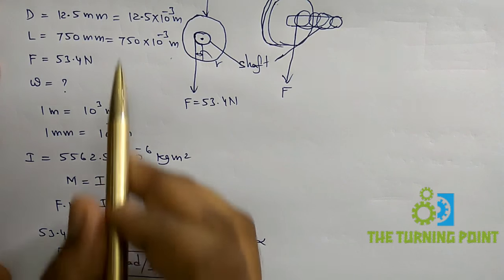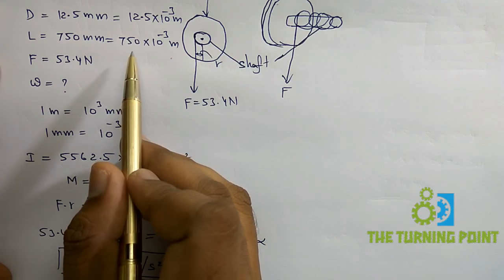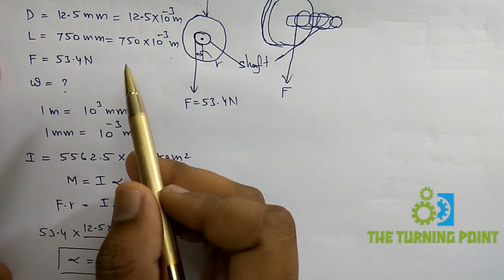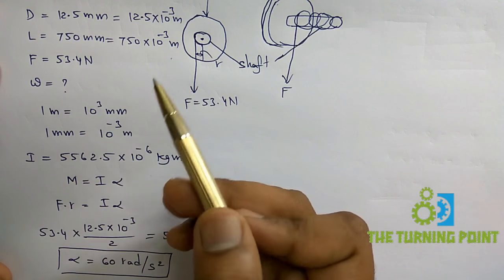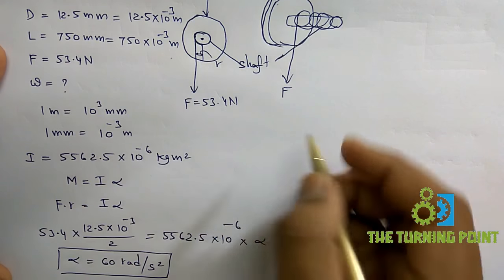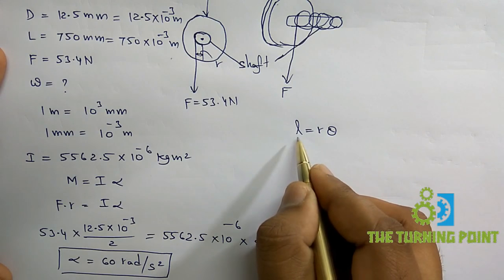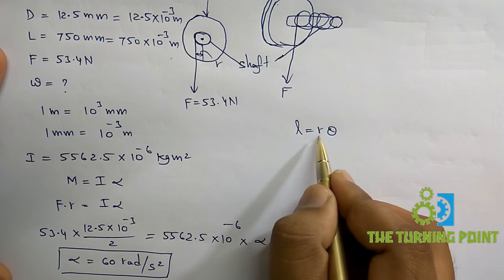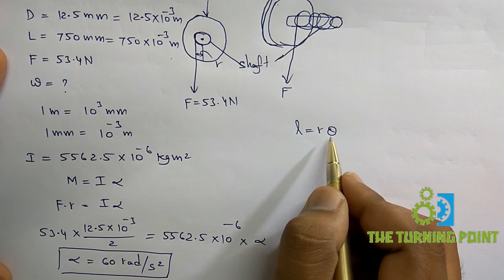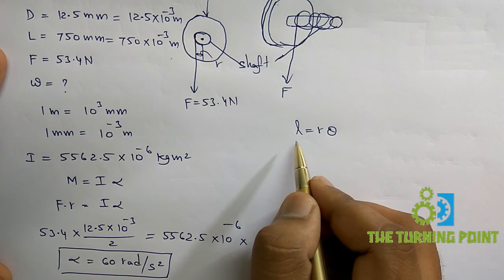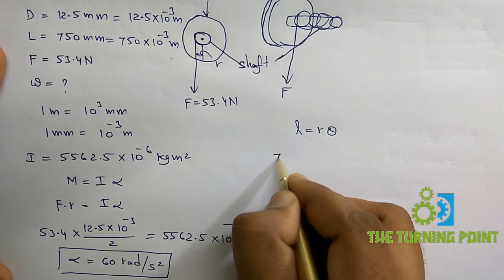And here the linear displacement is given, so we need to find the angular displacement. So parameters should be in angular motion, right? So we know that L is equal to R theta. The length of the string is equal to radius into angular displacement. The length of the string displaced is nothing but 750 mm, right?